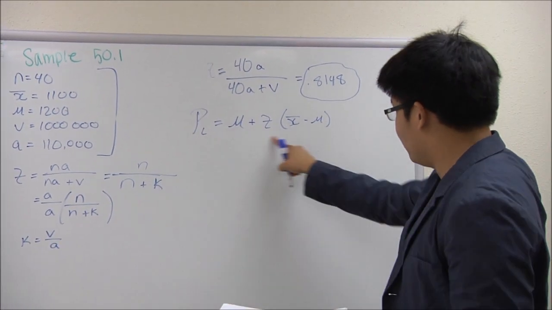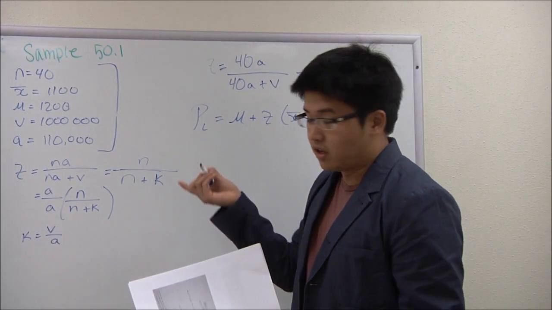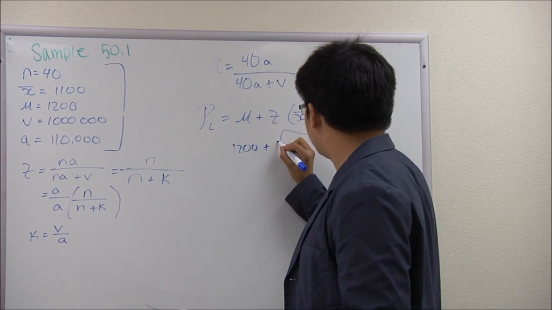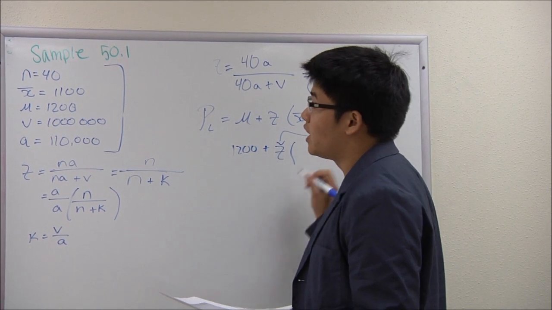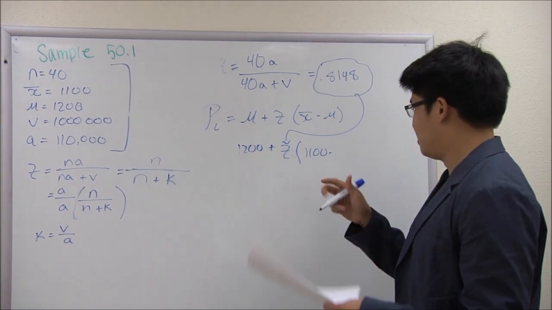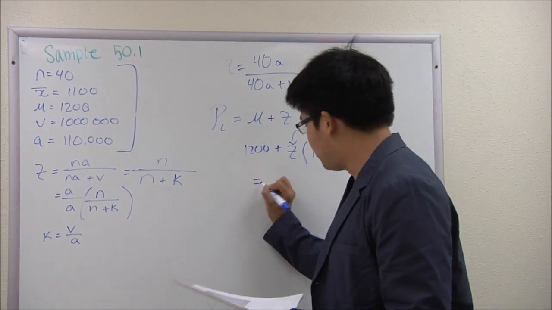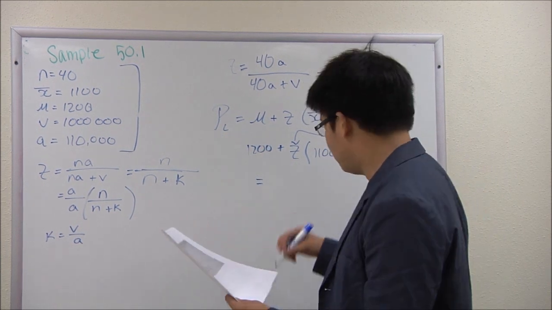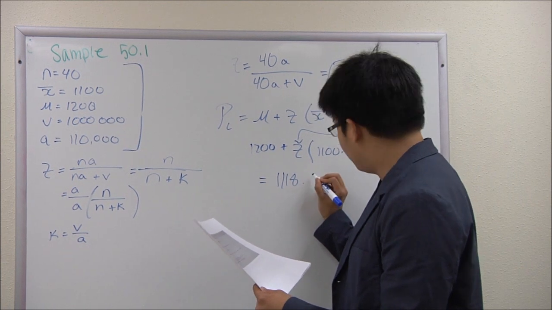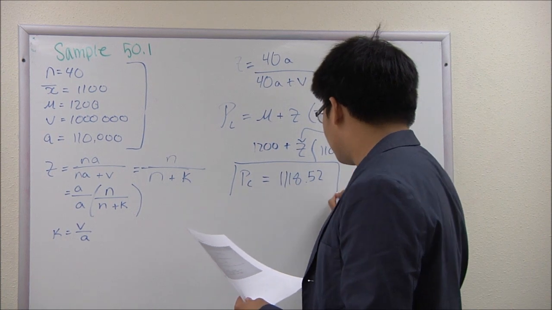You have all of these variables that we calculated in the last few slides, and all you have to do is plug it in. So you have 1200 plus Z, which is right here, times X bar, which is 1100, minus mu, which is 1200, and you get your expected credibility to be 1118.52. That is your PC, and that is the answer right here.